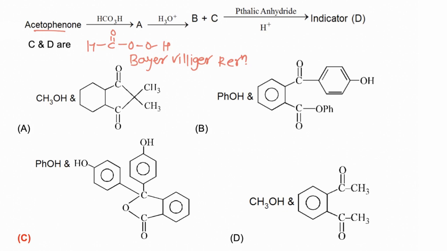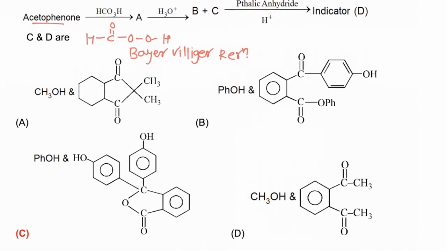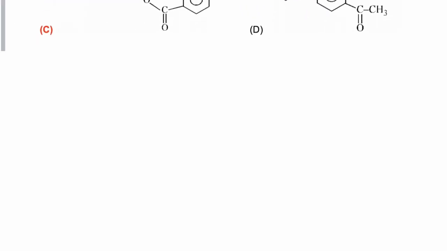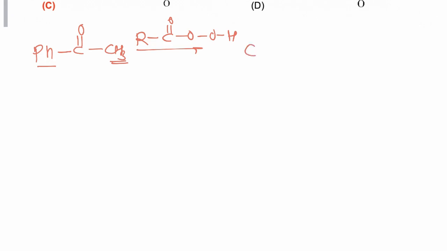Now first we have acetophenone. Now this is the acetophenone molecule, PhCOCH3, and acetophenone on reacting with RCO3H, a peracid, will have both Ph and CH3 groups, and Ph has higher migratory aptitude than CH3, so it will convert it to CH3C=O-O-Ph.